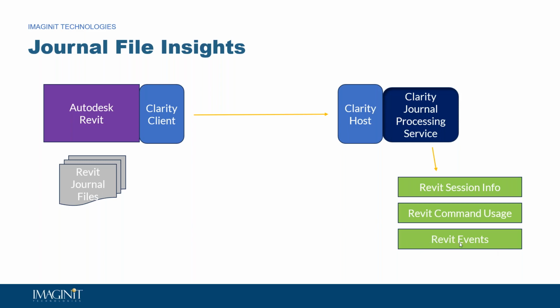So this is sort of a catch-all for things that we know that people are concerned about. It ranges from crashes and sort of nasty errors, all the way through to other pop-up dialogues and that kind of thing. So this is our catch-all for what happened during the Revit session.